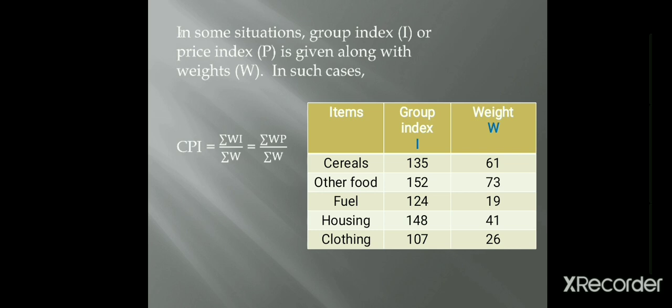The second column is the group index, denoted by capital I. The last column, weight, is denoted by capital W. The first group, cereals, has group index 135, meaning the index number for the cereals group is 135, along with the weight 61.